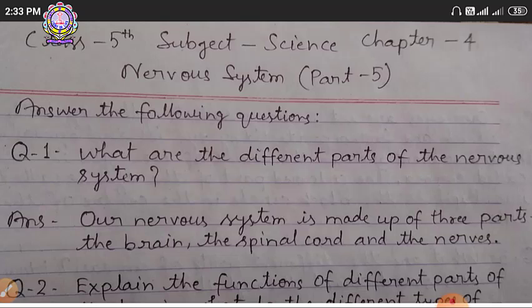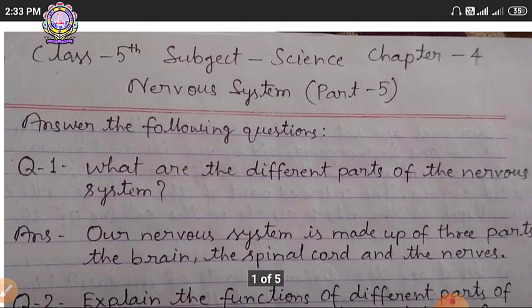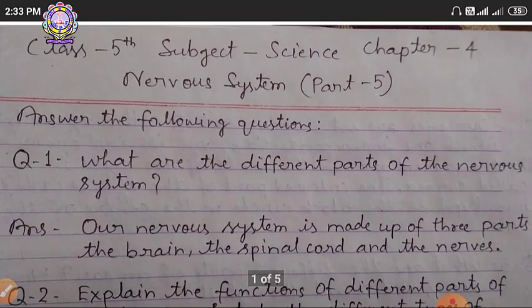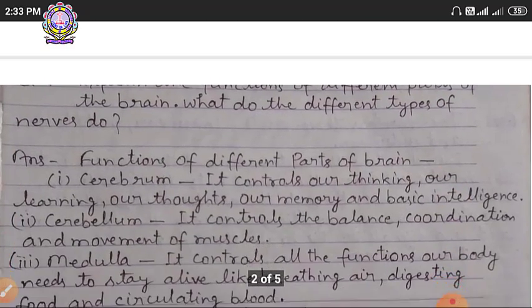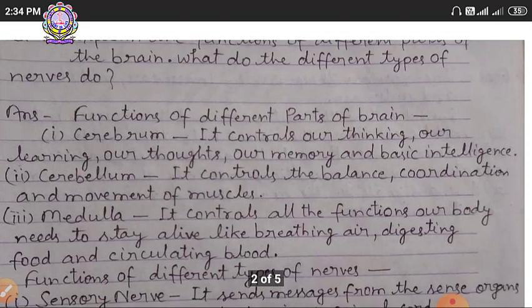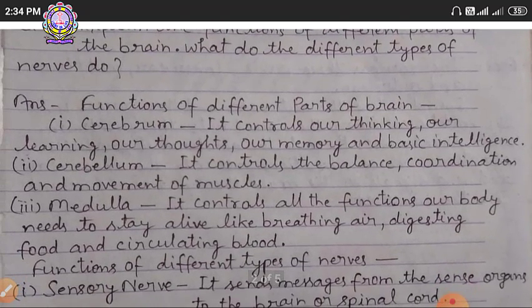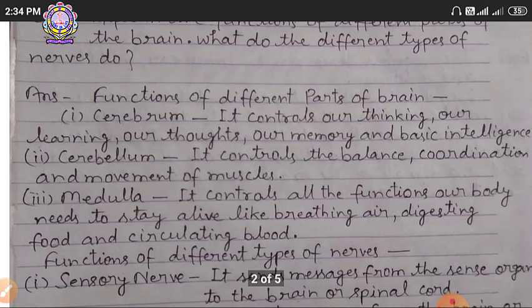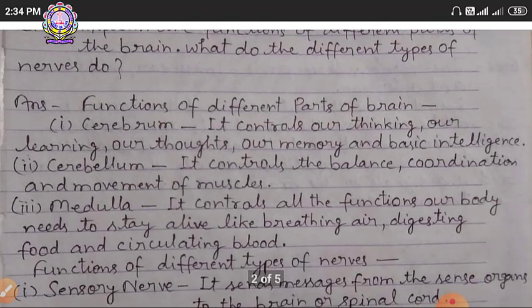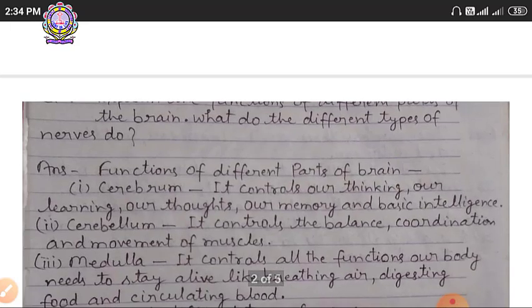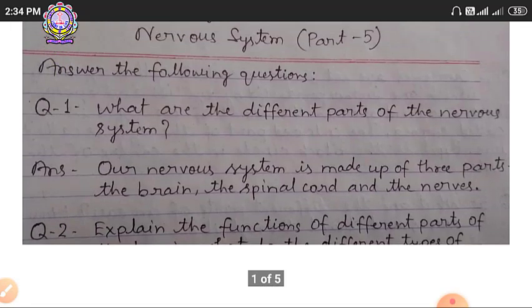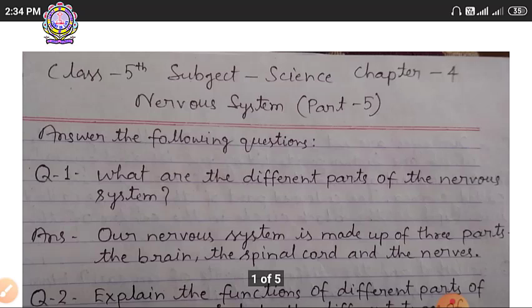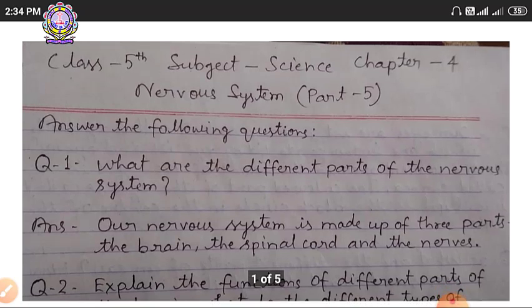Now let's see the second question. Your second question is, explain the functions of different parts of the brain. What do the different types of nerves do? So you can see here are 2 parts in one question.